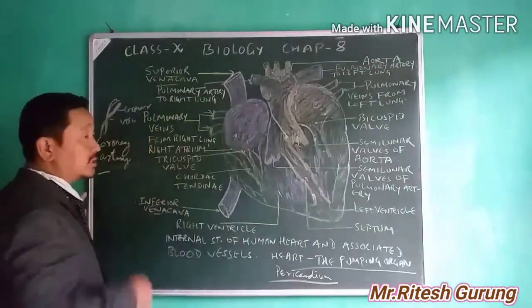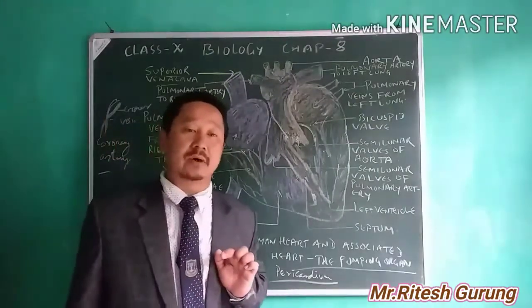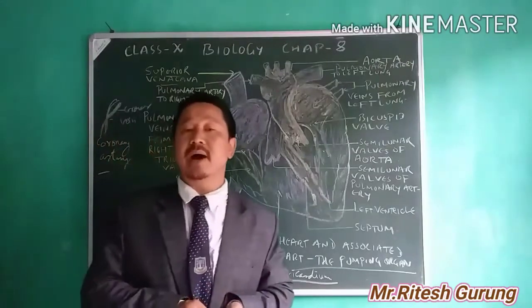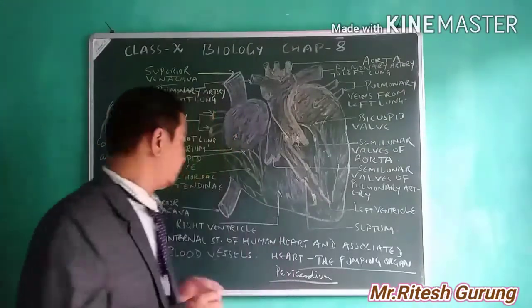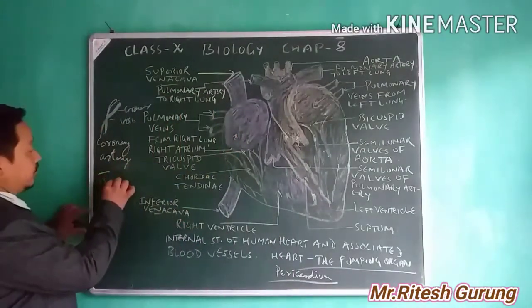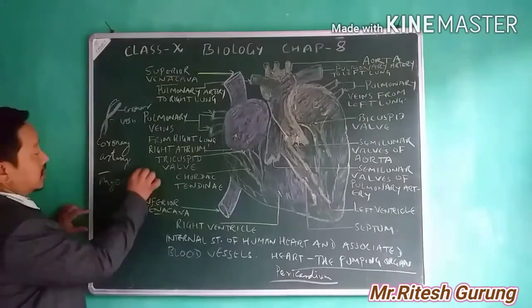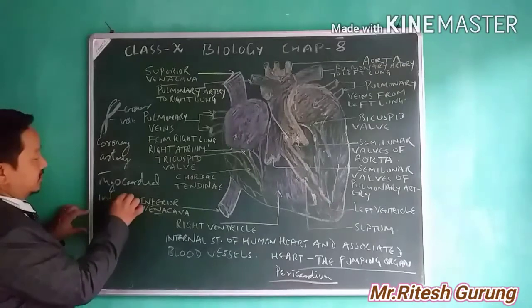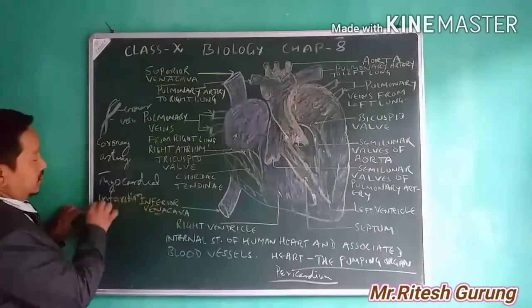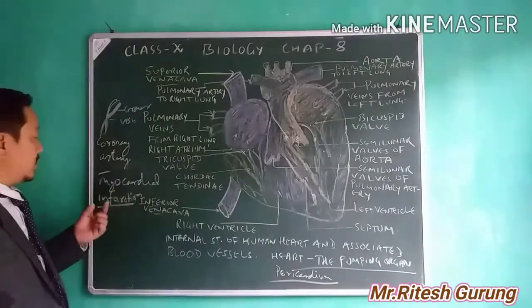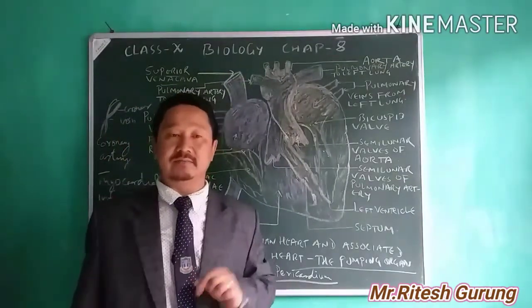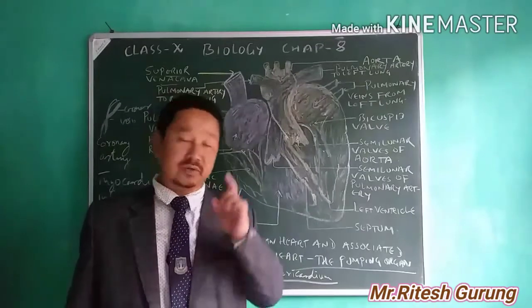In those regions the problem is caused, which is called deadening of the corresponding area, and it is also called myocardial infarction. You can see it in the book also.